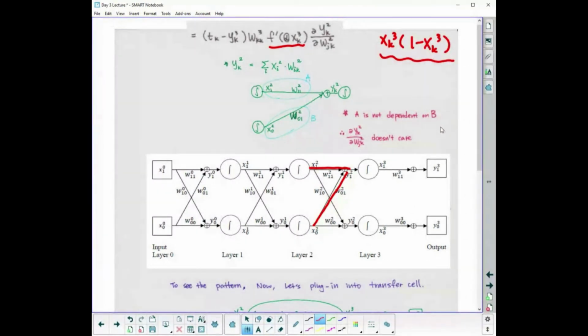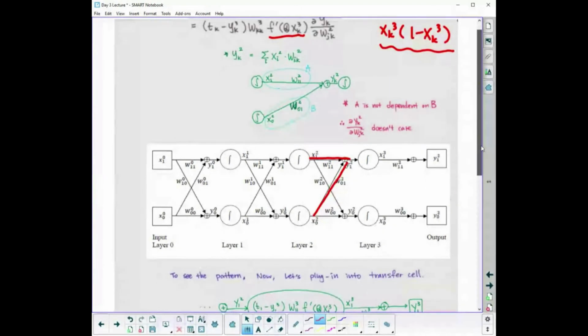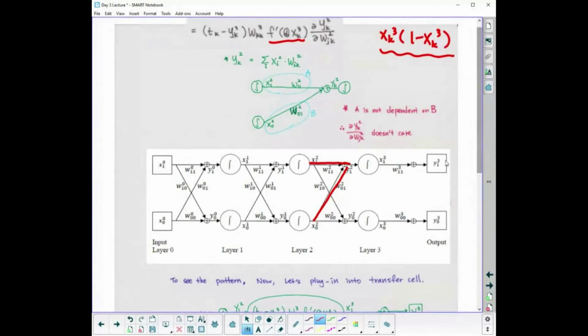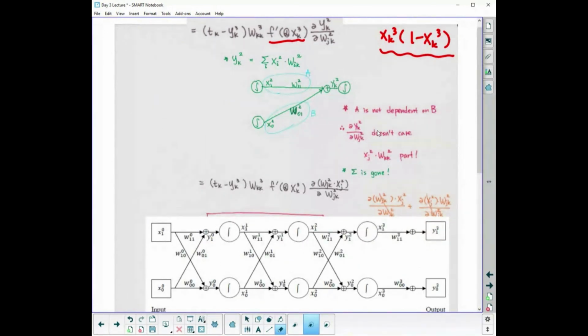Actually, A is not dependent on B. They are totally separate, they are independent. So in that case, we can say the partial of yk layer 2 does not care about the xj layer 2 times weight kk layer 2 part.